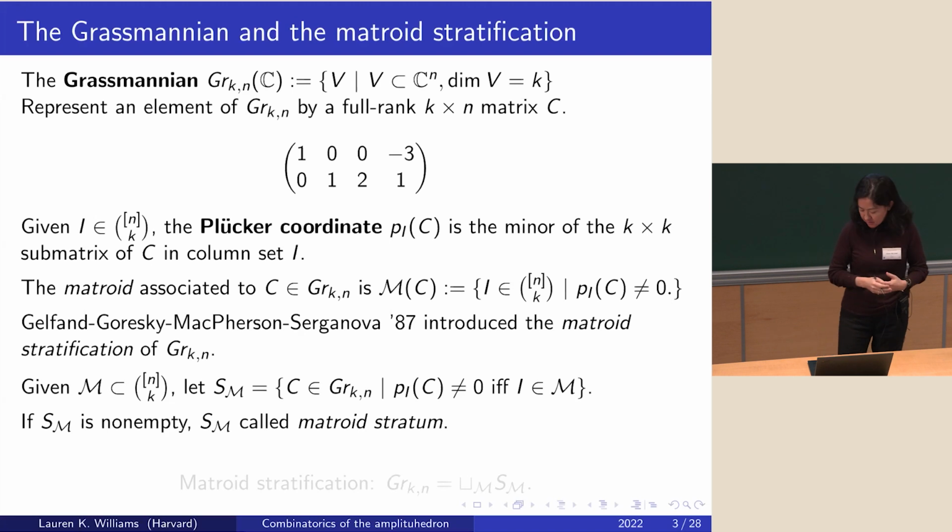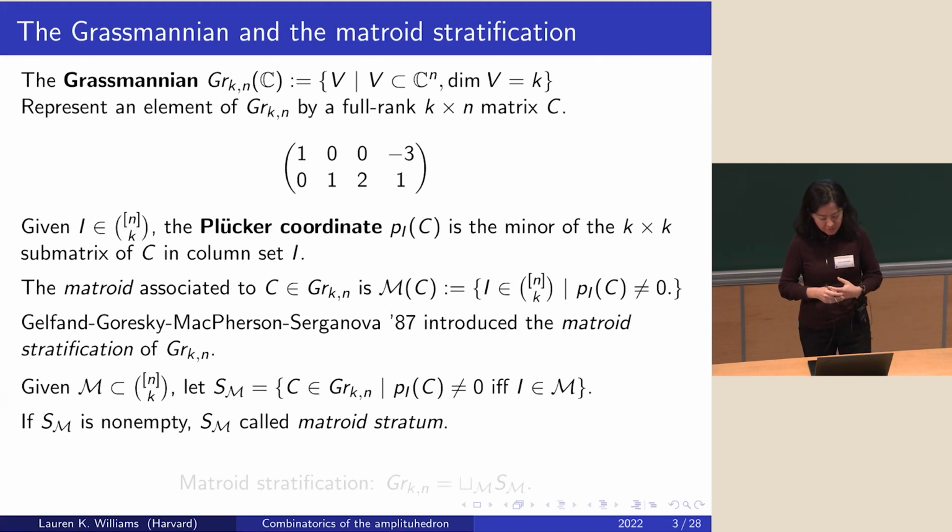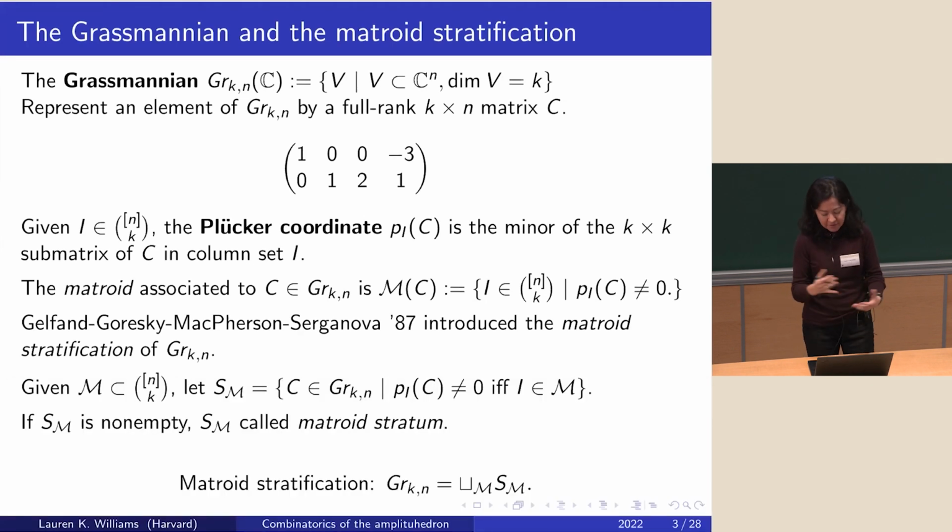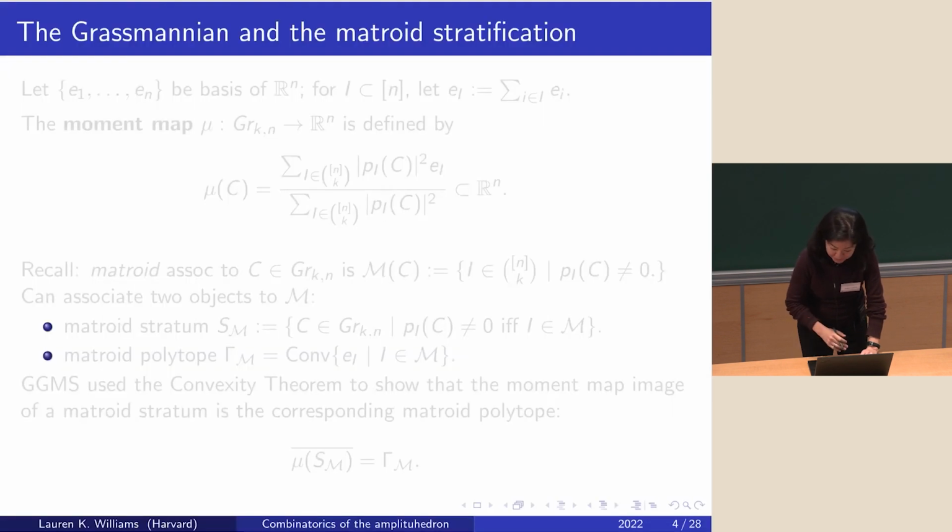And sometimes these pieces are empty, but if they're non-empty, then we call them matroid strata. And so this gives us a way to decompose the Grassmannian into pieces.